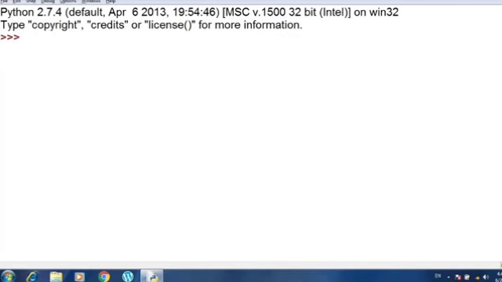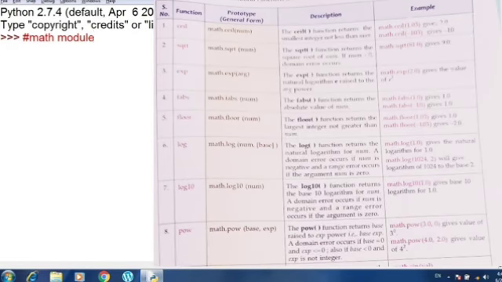Now let's learn about the math module. What is the math module in Python, and why? A Python module is a file which contains variables, objects and constants already defined in it, which can be used in Python programs. It is already defined in the standard library of Python, wherein different functions related to maths are defined.